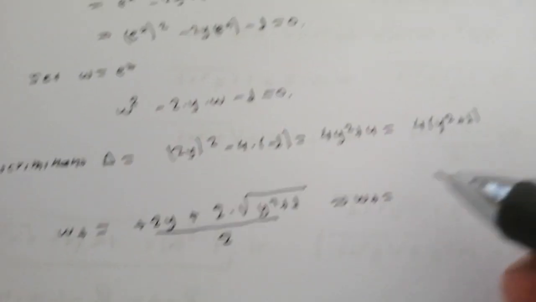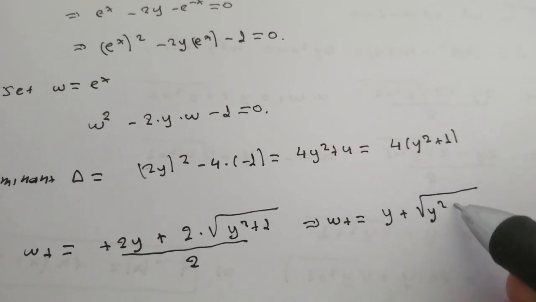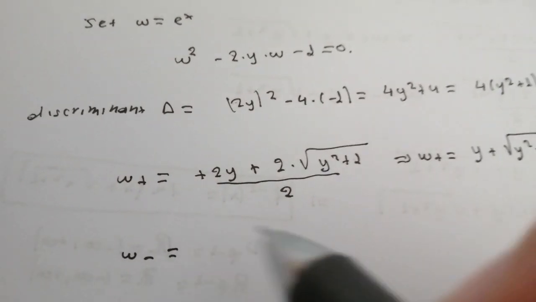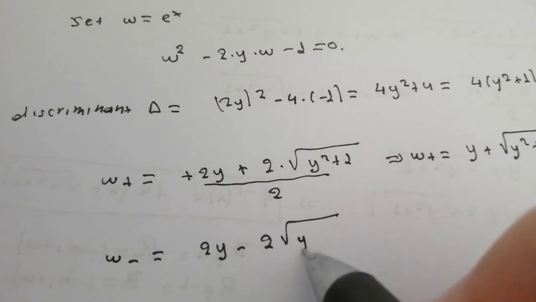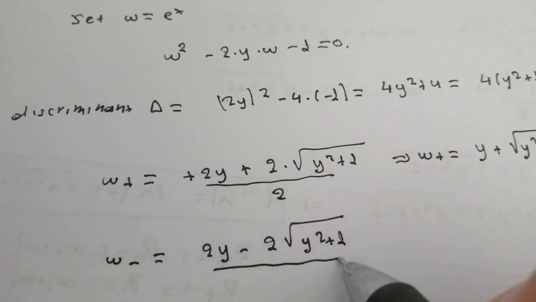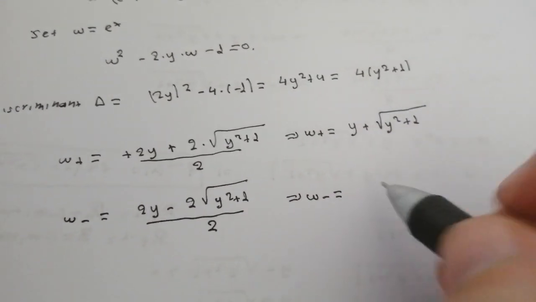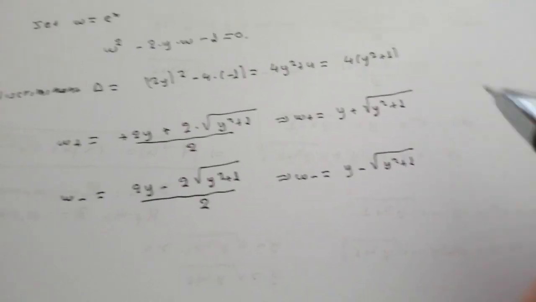So omega plus is y plus square root y squared plus 1. Omega minus is 2y minus 2 square root y squared plus 1 over 2. So omega minus is y minus square root y squared plus 1.